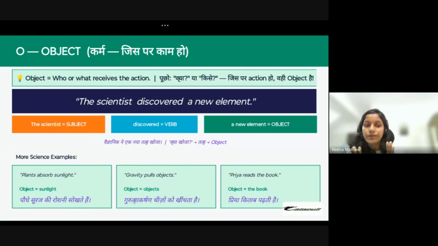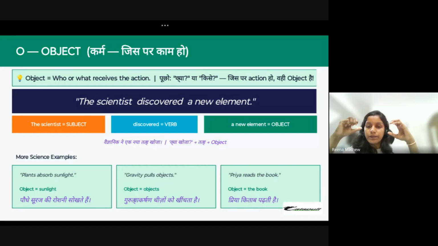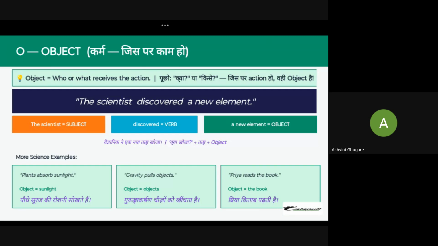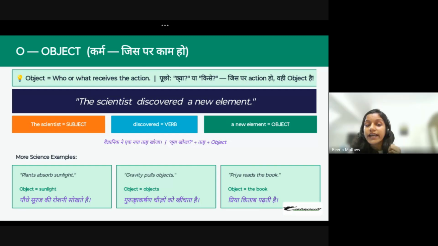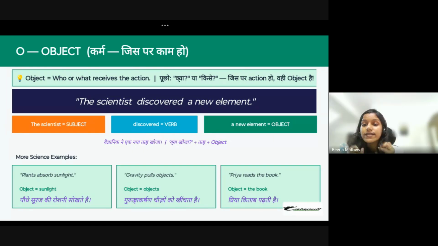I'll explain. When you get a sentence, पहले क्रिया आइडेंटिफाई करो. इसमें क्रिया क्या है? Verb क्या है? Action word क्या है? Discovered. So you take the kriya and you ask who is discovering.